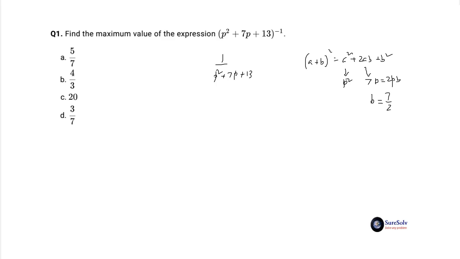With these values now, we'll express the quadratic expression as p square plus 2 into p into 7 by 2 plus (7 by 2) whole square minus (7 by 2) whole square plus 13, equal to (p plus 7 by 2) whole square plus 3 by 4.